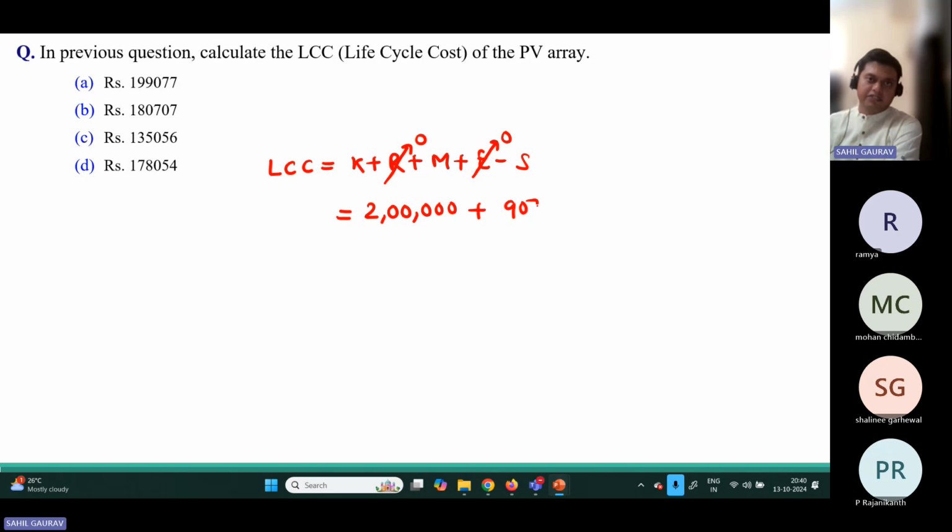We have calculated maintenance cost as 9,077 and the scrap cost is 10,000. So we will get 1,99,077 rupees. So A is the correct answer.